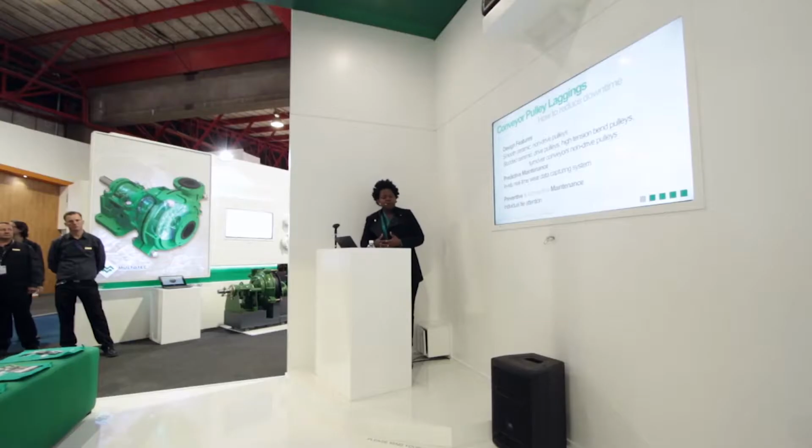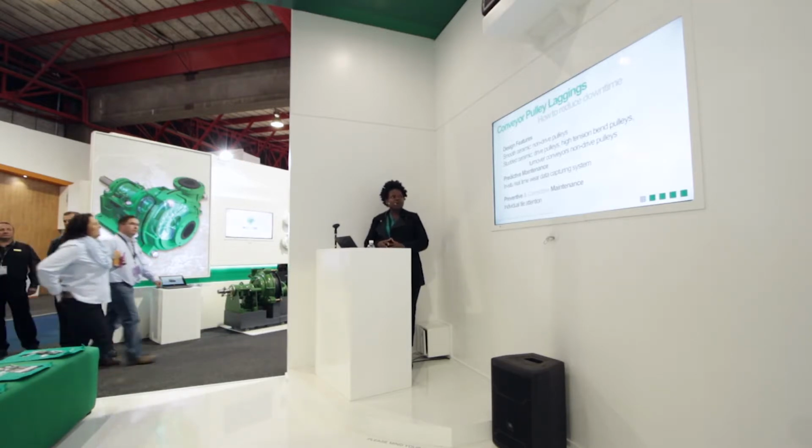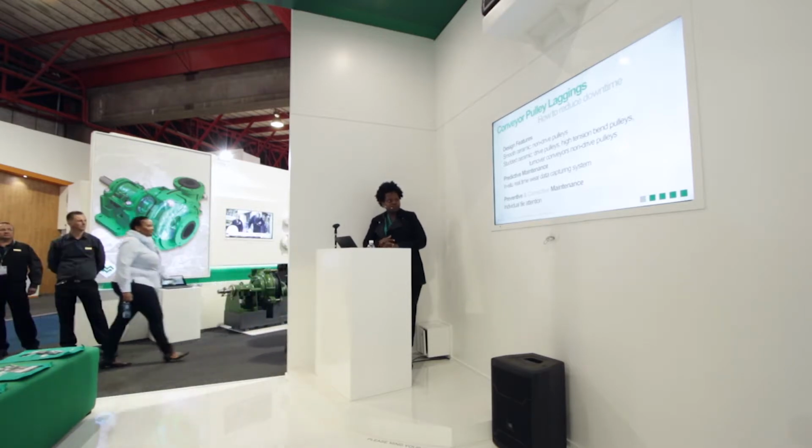Also, sometimes you can put them on your high tension bend pulleys. This is where you don't want the slip to happen. And you can also have them on your turnover conveyors, which are also non-drive pulleys. But generally, for the smooth ceramic leggings, you want to have them on the non-drive pulleys.